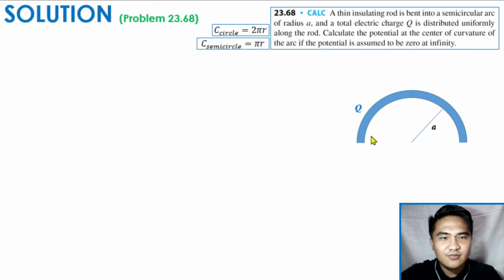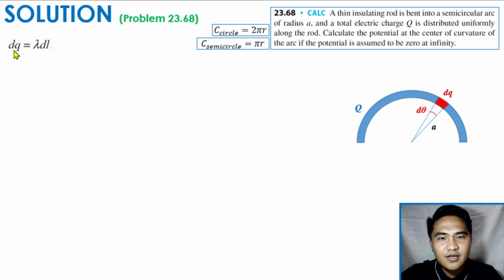But before that, we know that the circumference of a circle is 2 pi r. Since we only have a semicircle, we will divide this by 2 and we will get pi r as the circumference of our semicircle. Now let's proceed. We will divide this rod into infinitesimal segments dq with an angle d theta.